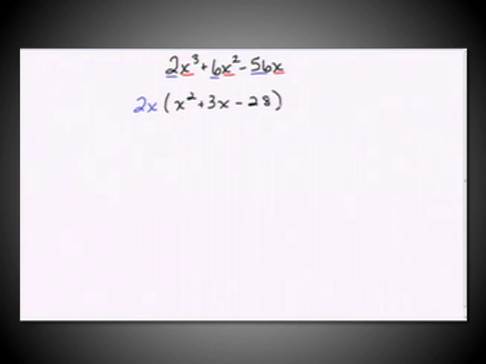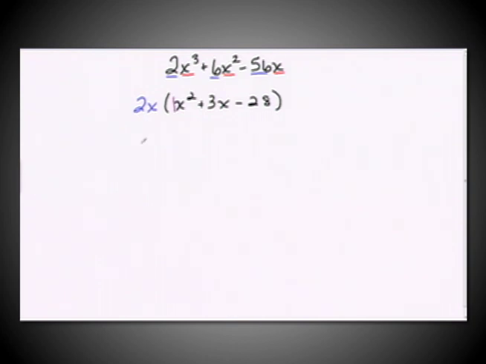So we go back to our old factoring method of factoring x squared plus bx plus c, where the leading coefficient is 1, because now we have an understood leading coefficient of positive 1. So we can use this method.